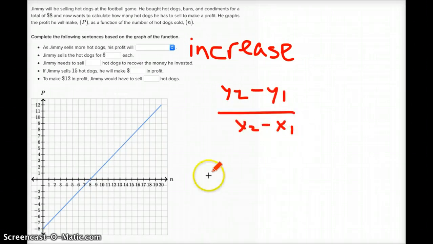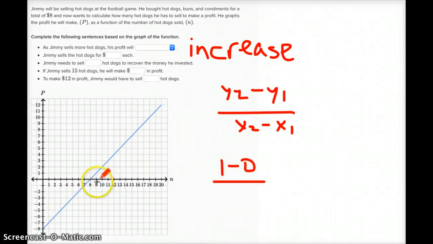And so by doing that, we'll have 9 minus 8, or no, apologies. We'll actually have 1 minus 0. And this is our y's on top, and x on the bottom here.